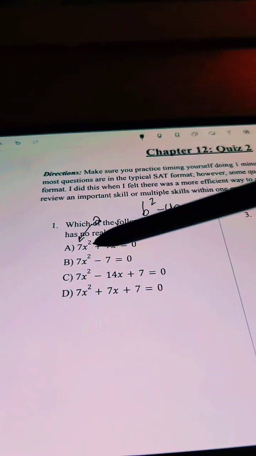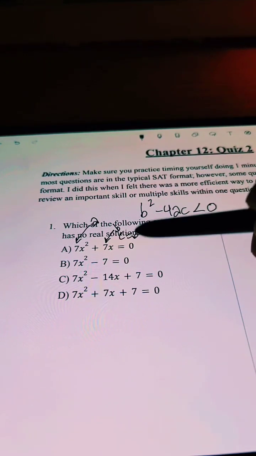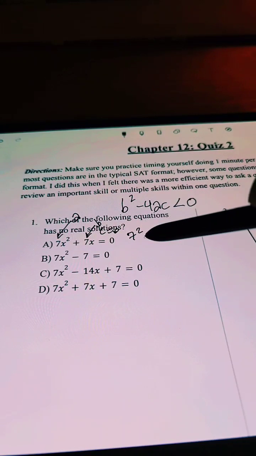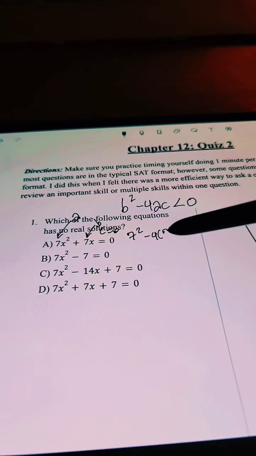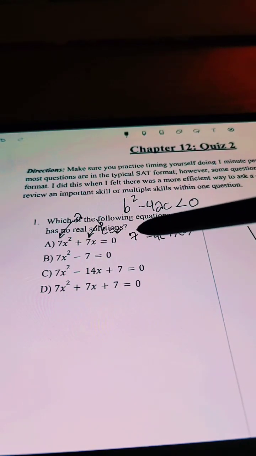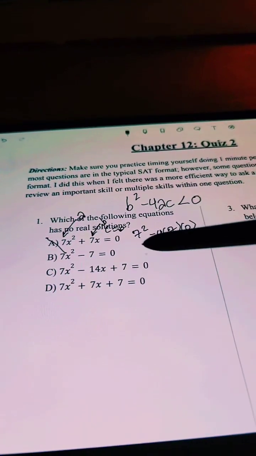We just don't typically write that, so we're going to assume that C is equal to 0 here. Now we can plug that into the discriminant formula. That's going to be 7 squared minus 4 times 7 times 0. When we multiply, that part is 0, and 7 squared is 49. That's obviously not a negative value, so we can cross that out.